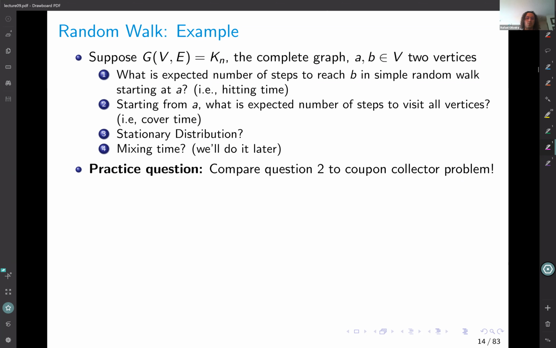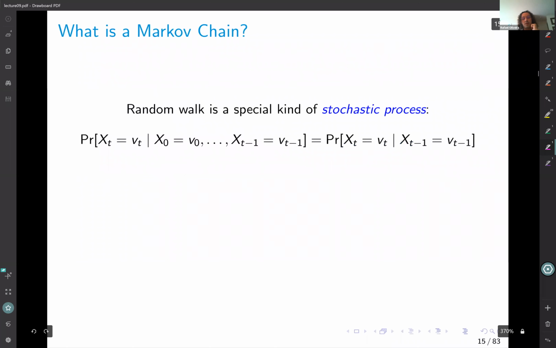Now, if you noticed from our computations on the previous slide, the random walk is a special kind of stochastic process. A stochastic process is just some probabilistic process, a fancy name.